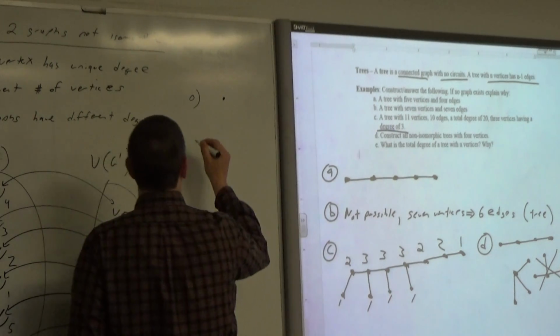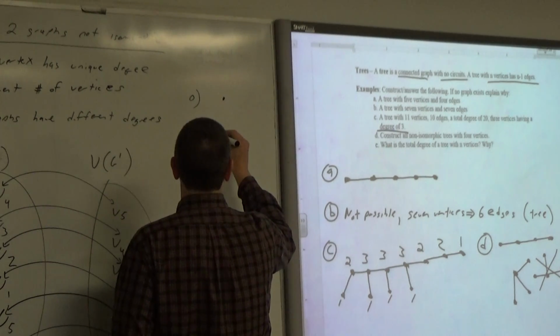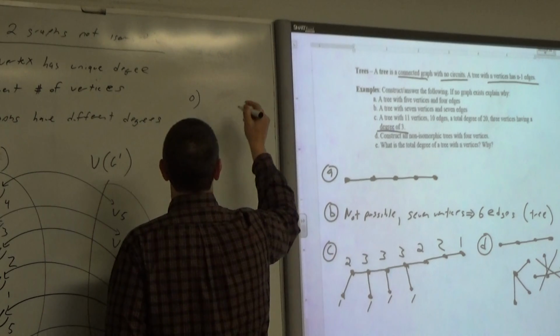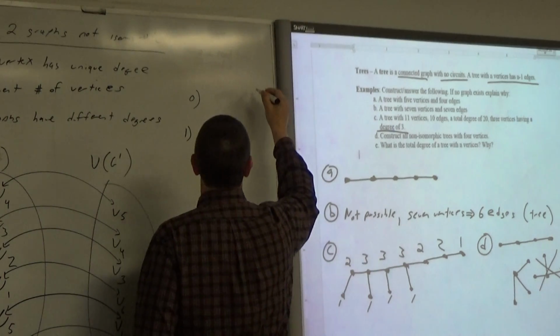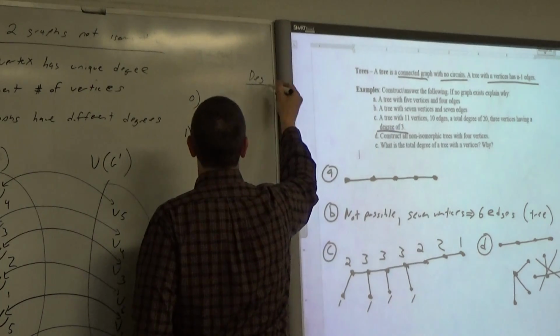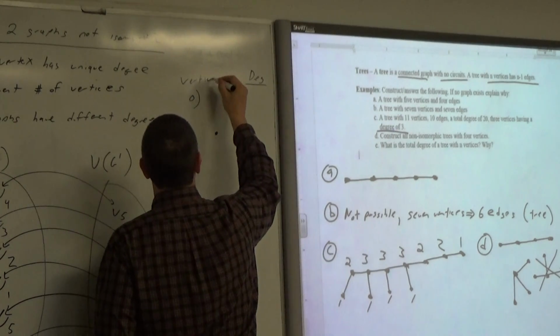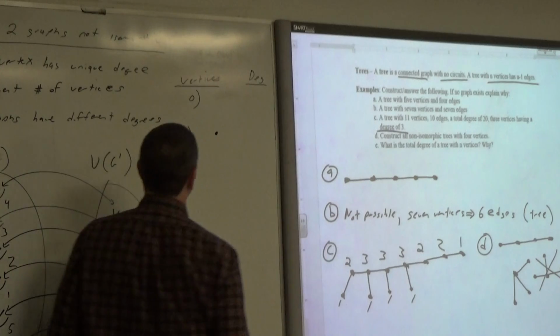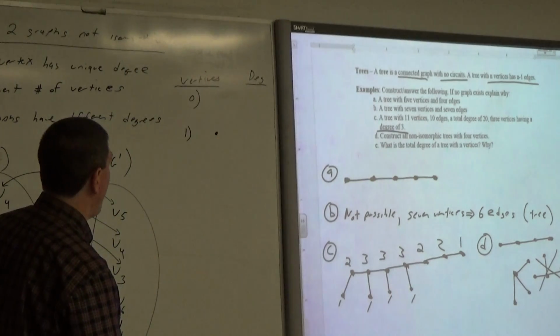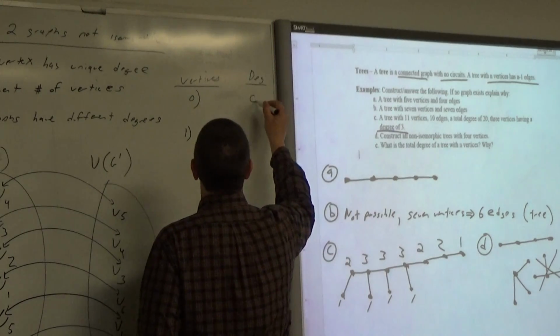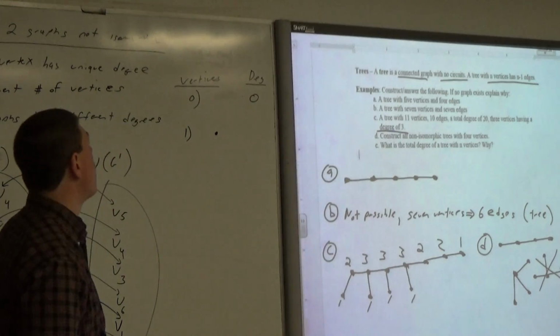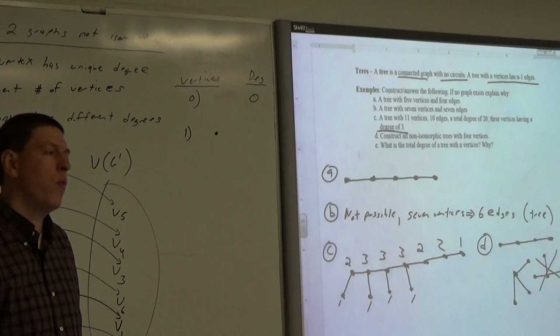Let's say we have one vertex. So degree would be 0. Let's have a column here. So we have vertices, and we're going to have our degree. If there are 0 vertices, then the degree of that graph is 0.